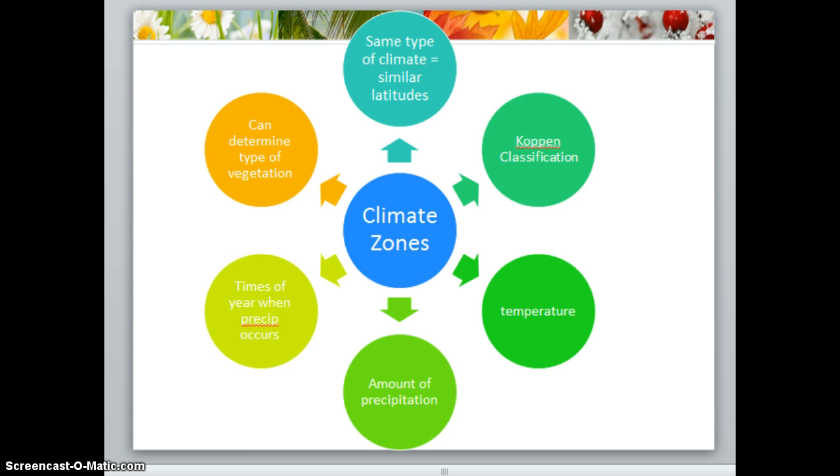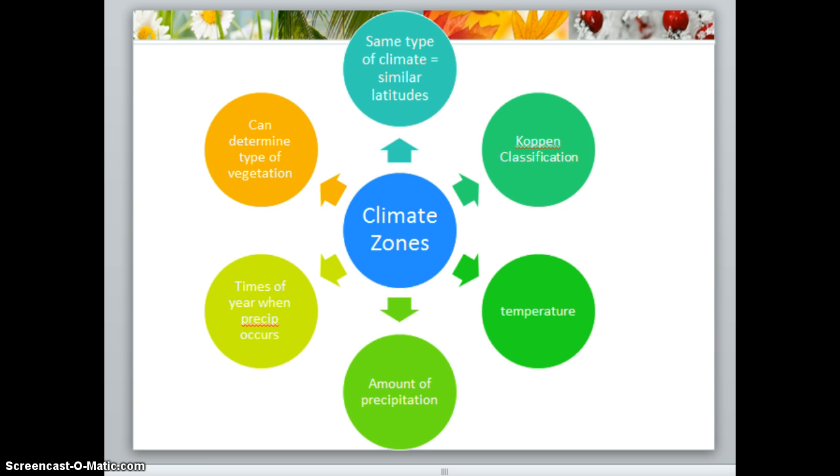Koppen came up with this whole classification system, and the way that he did this classification was based on average temperature and average amount of precipitation. Then he also looked at the times of year when the precipitation occurs, and climate zones can determine the type of vegetation and animal life that is in that particular area.